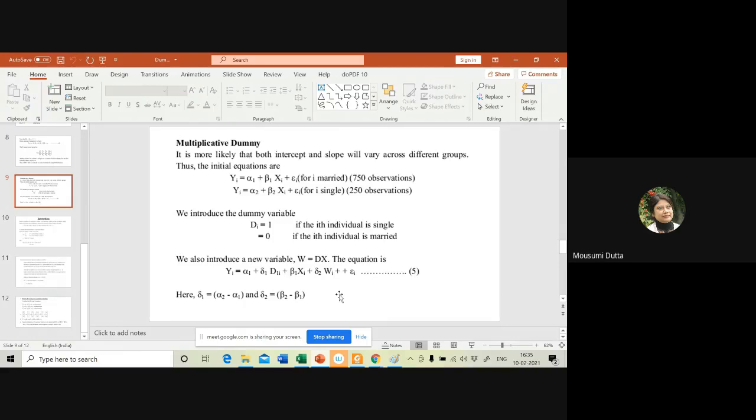However, the style will be very similar to that of the intercept dummy. So three things are important here: the notion of additive dummy, the notion of multiplicative dummy, and the notion of dummy variable trap. What will be the exact number of dummy variables you will consider for explaining categories of a qualitative variable?